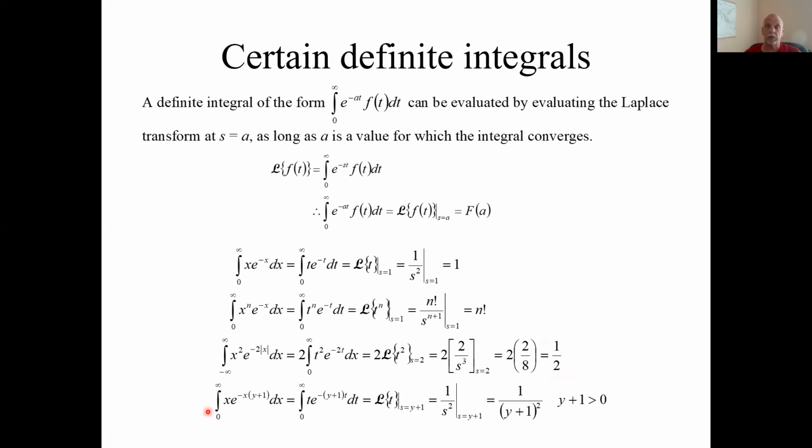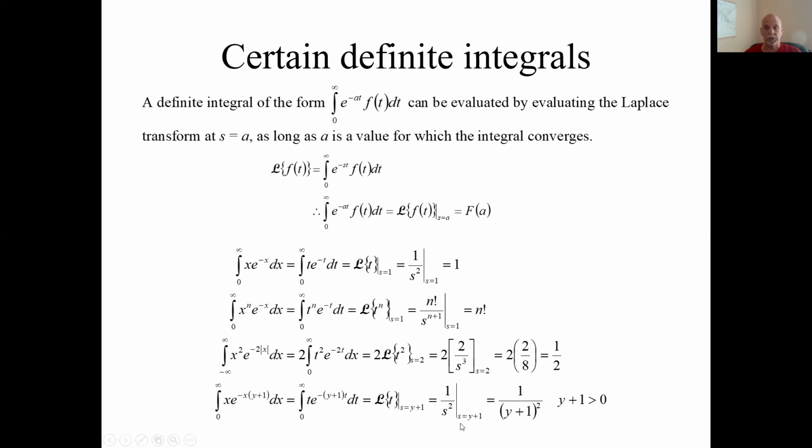What if I have a function of 2 variables like this, x and y? I'm integrating over x. Well, I just treat y as a constant in that case. I'll change my variable to t, to make it look familiar. And this is the Laplace transform of t evaluated at s equals y plus 1.